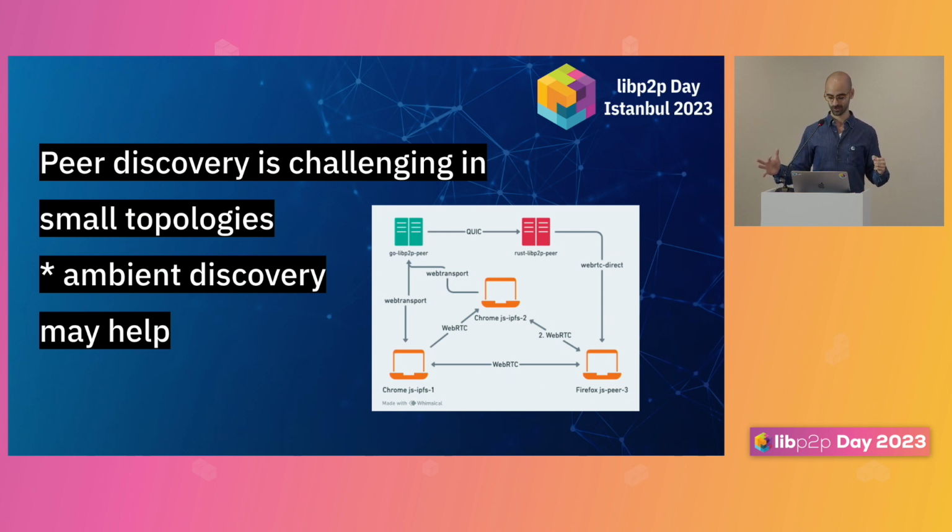And so we have the Rendezvous peer discovery protocol, but the problem with it is that it requires each browser to register itself with the Rendezvous peer, and that doesn't really work perfectly for this type of topology. And so there's a PR for that.